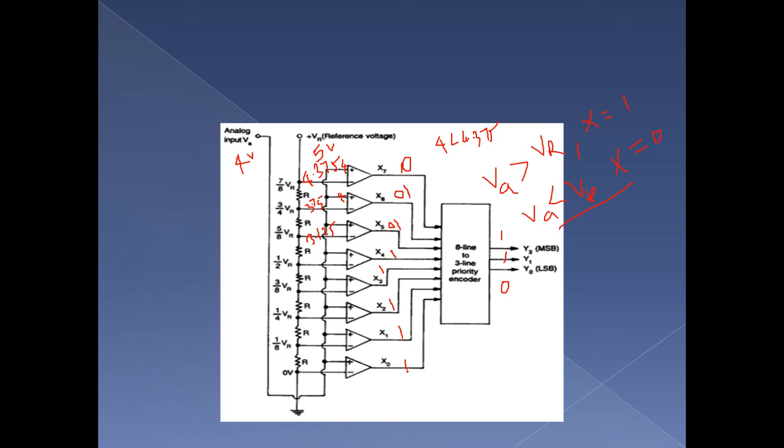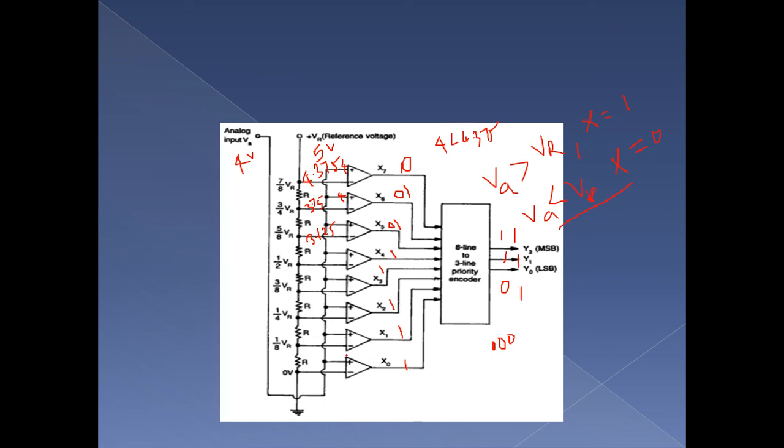If all the inputs are 1, then it produces the output 1 1 1. If all the inputs are 0 except X naught, then it produces 0 0 0.